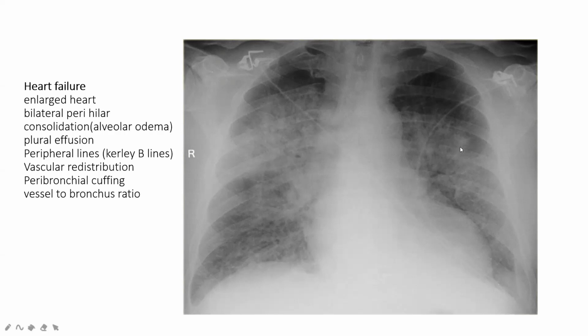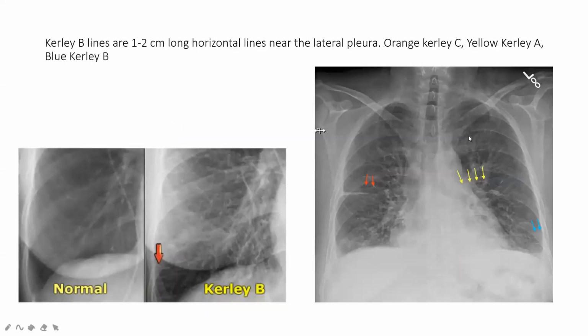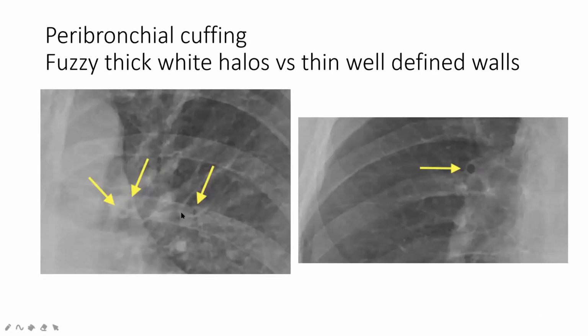The other two things that you can also see are peribronchial cuffing and the vessel to bronchus ratio, which I'm going to go through very quickly. This picture on the right is a bronchus, and you can see the wall of the bronchus is very well defined. It's quite thin. It's not hazy, so that's normal.